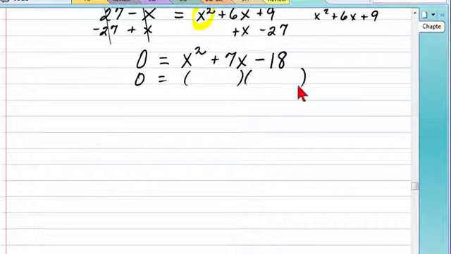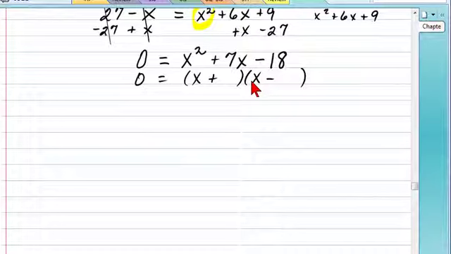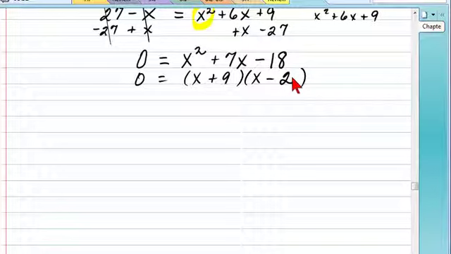The only technique that we know right now for solving a quadratic equation is factoring. So this better be factorable. I know I'm going to have 1 plus and 1 minus, an x and an x. I need factors of 18 that, because of the signs, have a difference of 7. 9 and 2, and I'll make the 9 be positive and the 2 be negative.